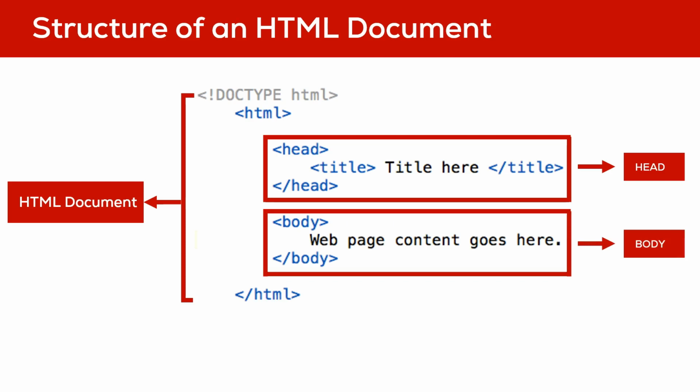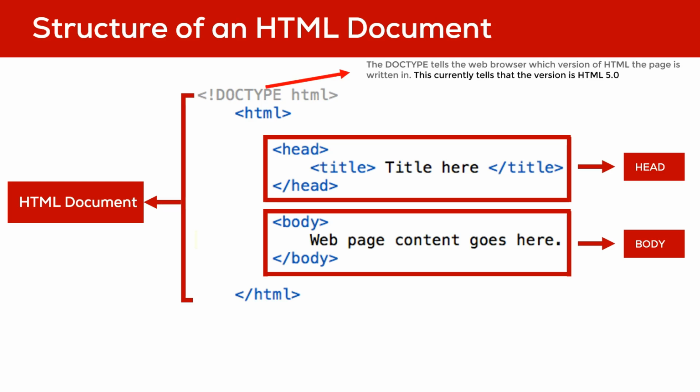But when you look at it clearly, it consists of two more elements, and that is the doctype and the HTML element. So let's break down and see what these two elements do, or how they are useful to this HTML document. The doctype element is a declaration that tells the web browser which version of HTML the page is written in.